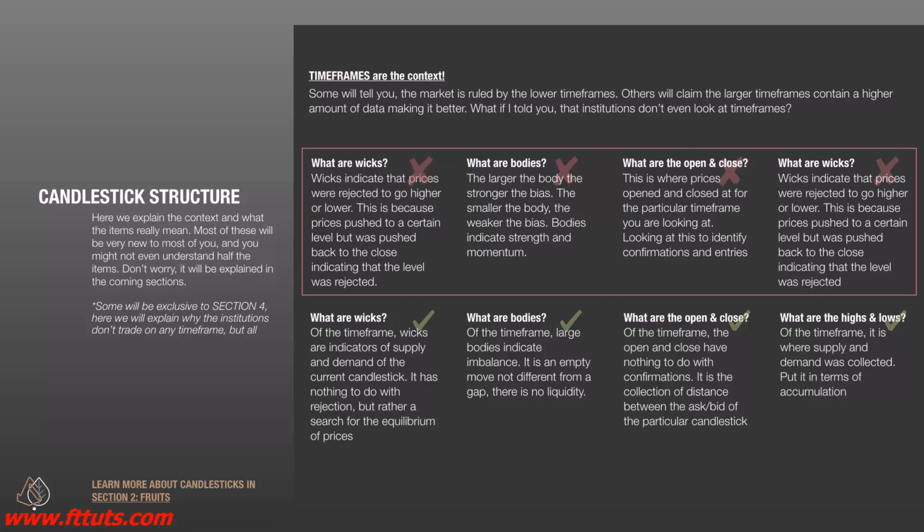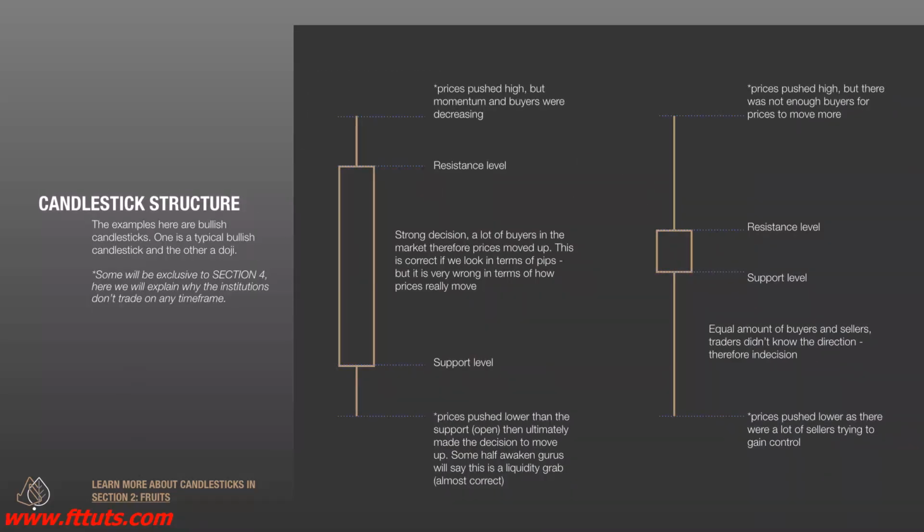Put it in terms of accumulation. So, a summary of everything I just said. If you look at the candlesticks, we start from the top there, at the top of the wick. Prices pushed high, but momentum and buyers were decreasing. Then you have the resistance level, then you have strong decision, a lot of buyers in the market, therefore prices moved up.